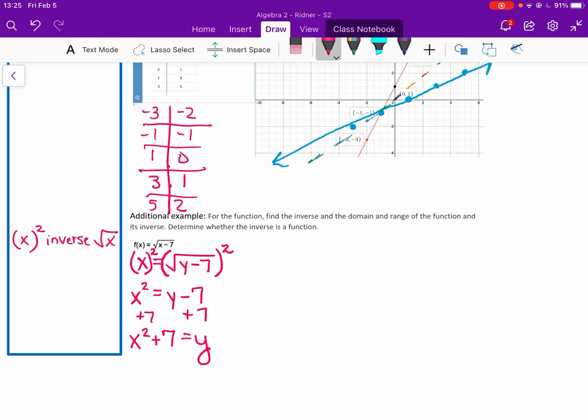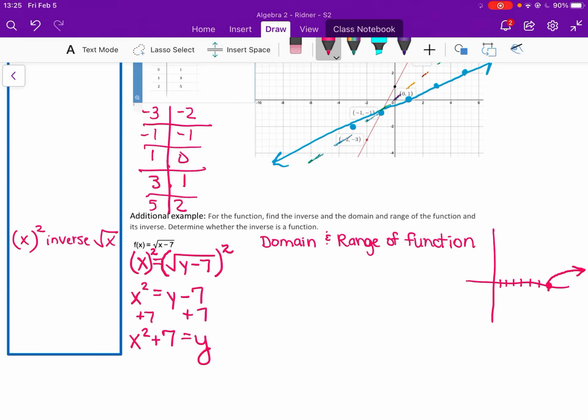The second part of that wants to know the domain and range of the function. To save us a little bit of time, I'm not going to show you me graphing this on Desmos.